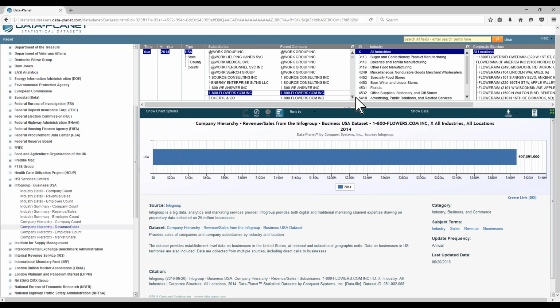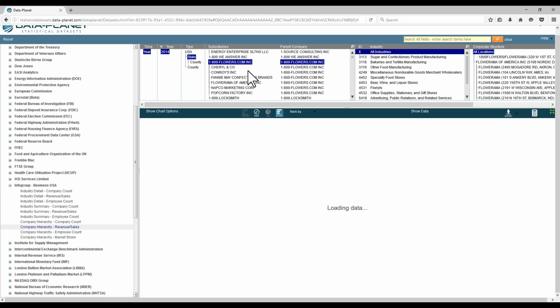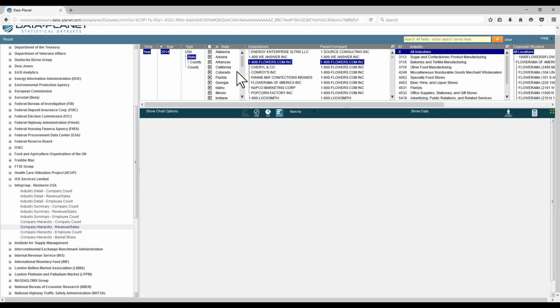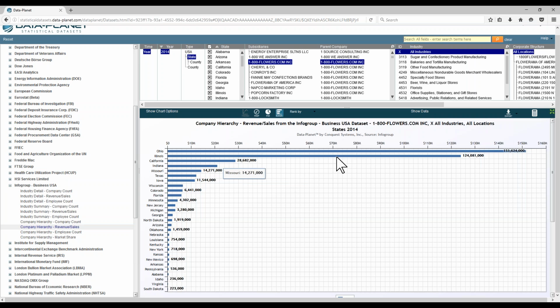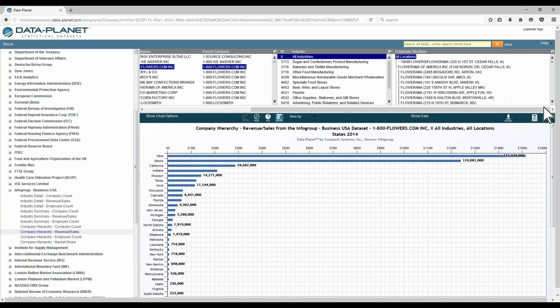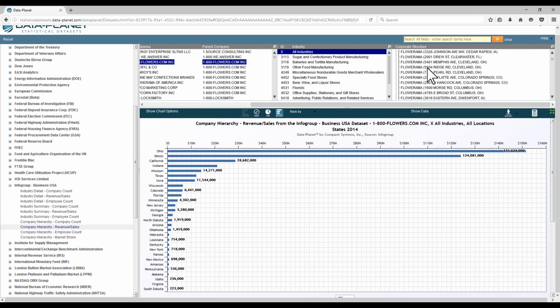So I can see here, as I scroll down, 1-800-Flowers owns Cheryl & Company, Conroy's, Fannie May, Flowerama, NAPCO, and the Popcorn Factory. So I can see by state where their revenue is generated. I can also narrow down, so I can see for all the companies that 1-800-Flowers owns, here are the NAICS codes where they drive revenue, and then here are all the actual locations.